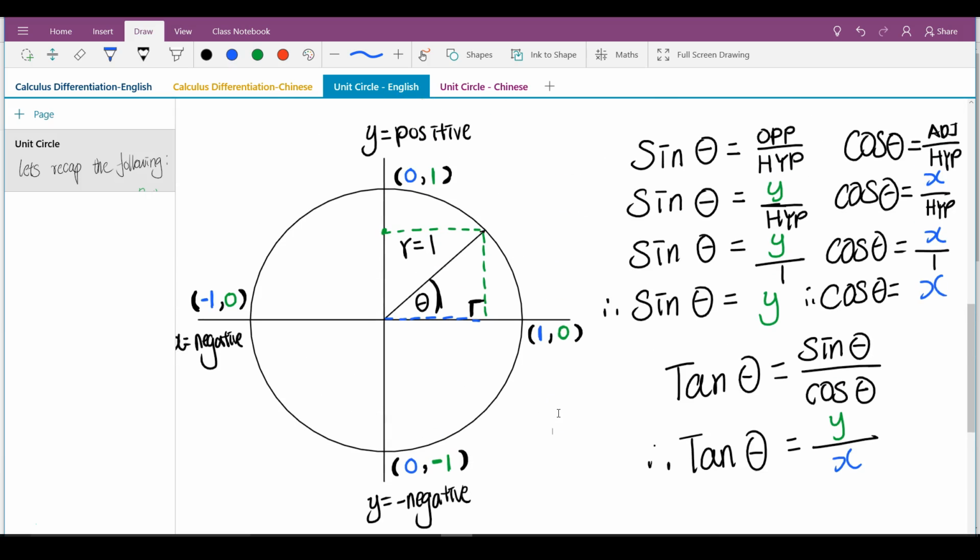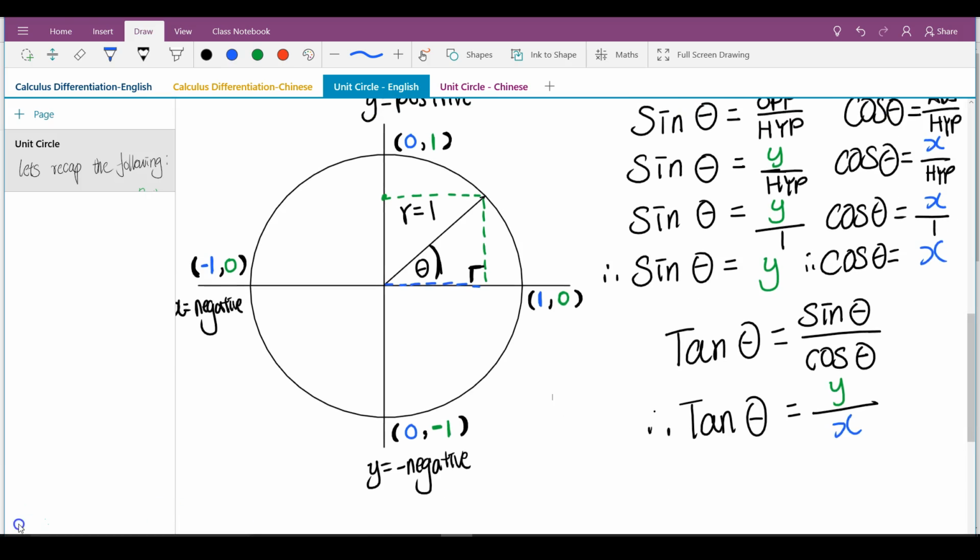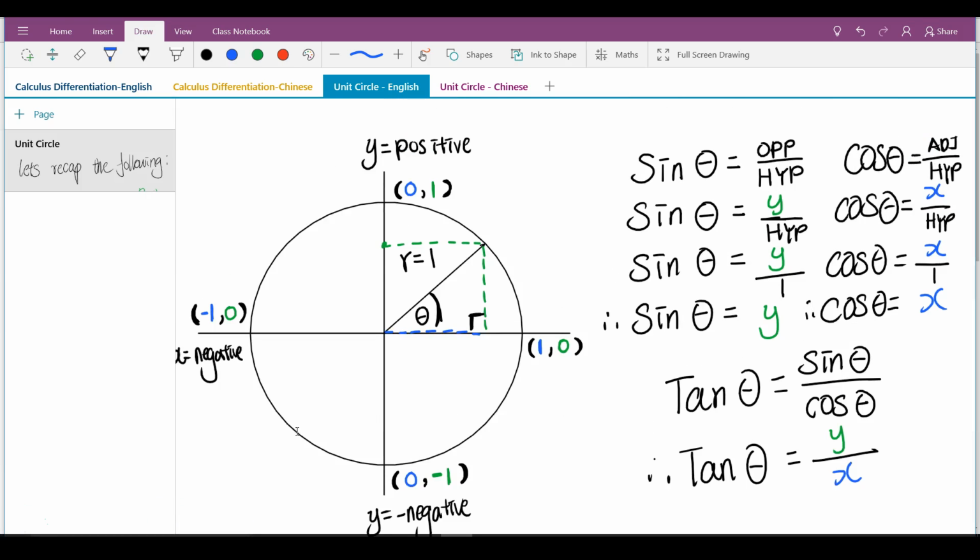Okay, so hopefully this part is not too difficult. Once we get that, with what we have just discovered in mind, we can find some angles' exact values.